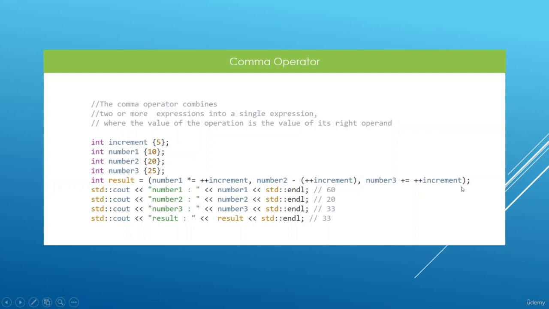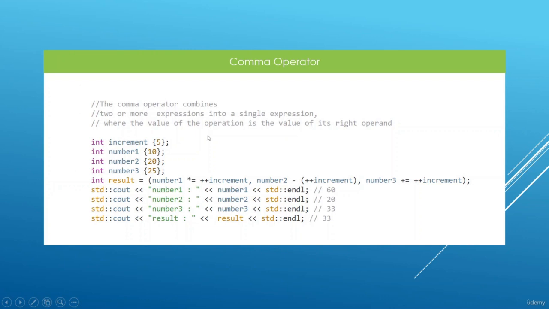But what we can do, we can use the comma operator to separate them. And what this entire thing is going to evaluate to is what we have in the last position in this comma separated list of expressions. So the value of result is going to be what we have in the last expression in this list of expressions. I really hope this makes sense.